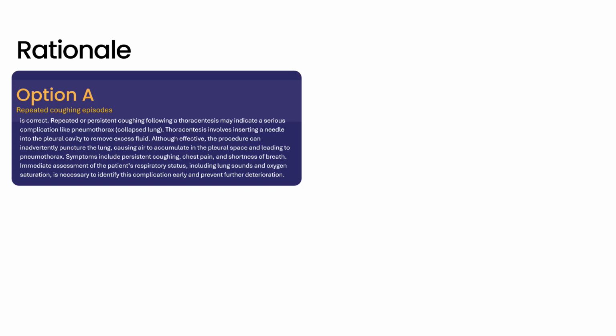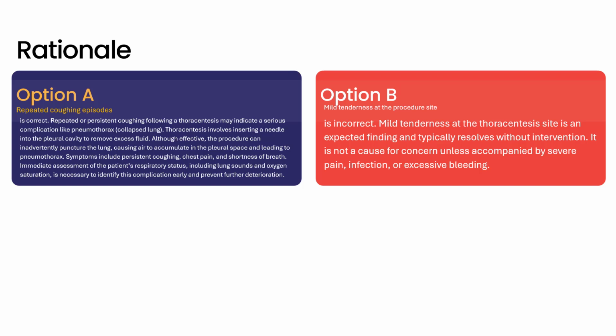Symptoms include persistent coughing, chest pain, and shortness of breath. Immediate assessment of the patient's respiratory status, including lung sounds and oxygen saturation, is necessary to identify this complication early and prevent further deterioration.